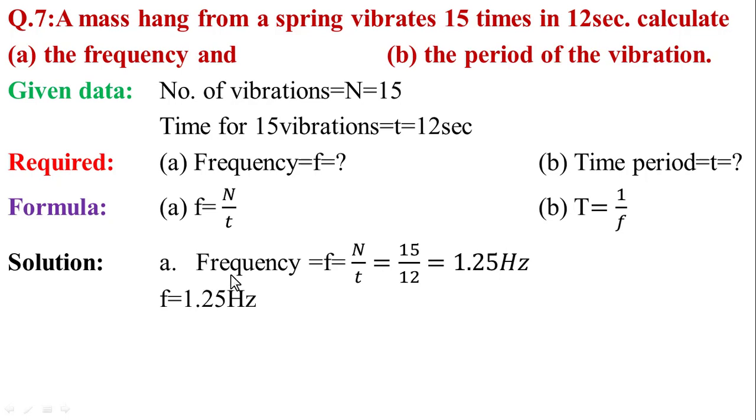Solve in the first part: frequency f is equal to n upon t. Putting the value of n, number of vibrations 15, divided by 12 seconds. 15 divided by 12 is equal to 1.25 Hz. So the frequency f is equal to 1.25 Hz.